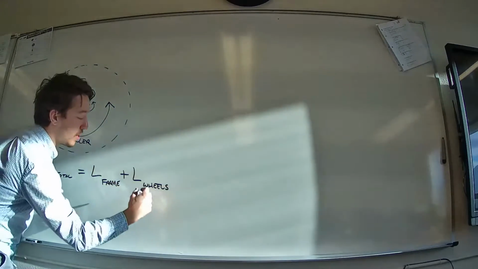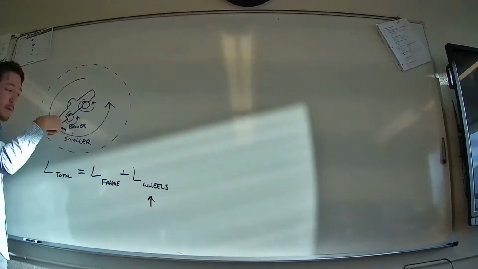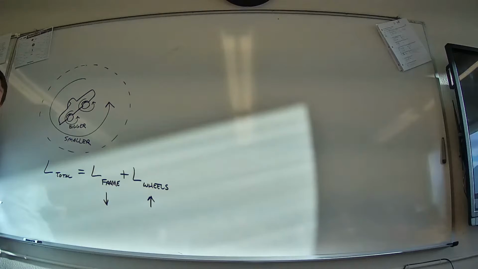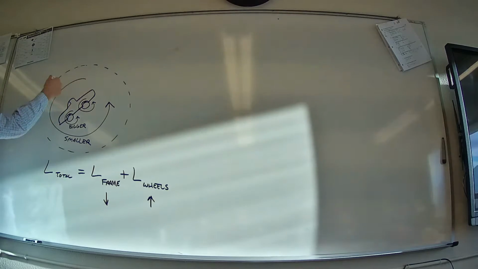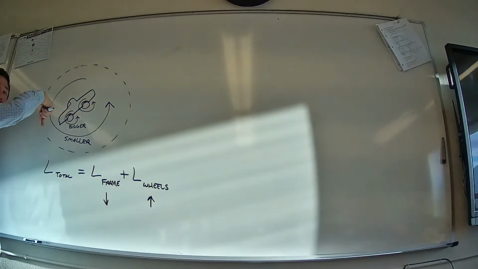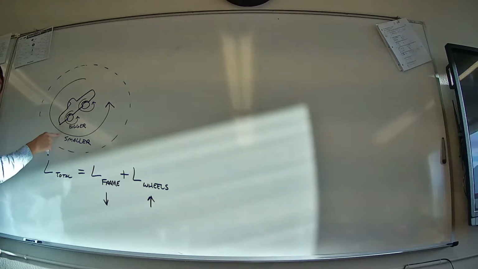If the wheels increase their angular momentum within the system, then the frame would have to decrease in response. That make sense? And what's his goal? He thinks the frame is rotating too much, so he actually wants to decrease this angular momentum.